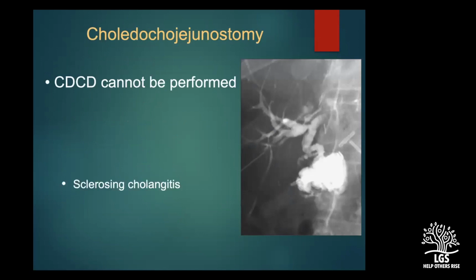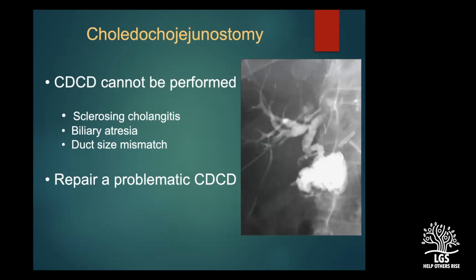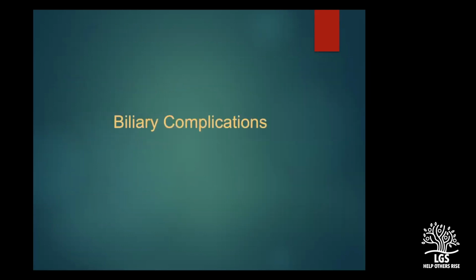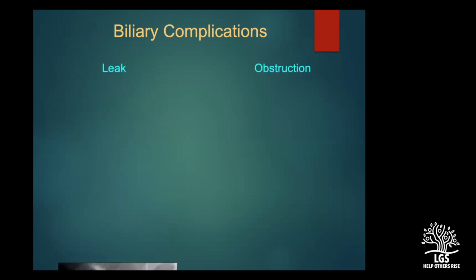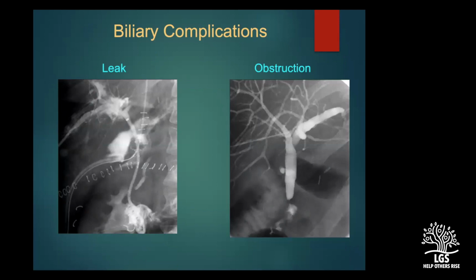As we all know, this is done in sclerosing cholangitis, biliary atresia, duct size mismatch, or to repair a problematic duct-to-duct anastomosis. That's when the hepaticojejunostomy is performed. And biliary complications, in terms of leak versus obstruction, how we manage a leak and how we manage an obstruction, I'll demonstrate in the next couple of slides.